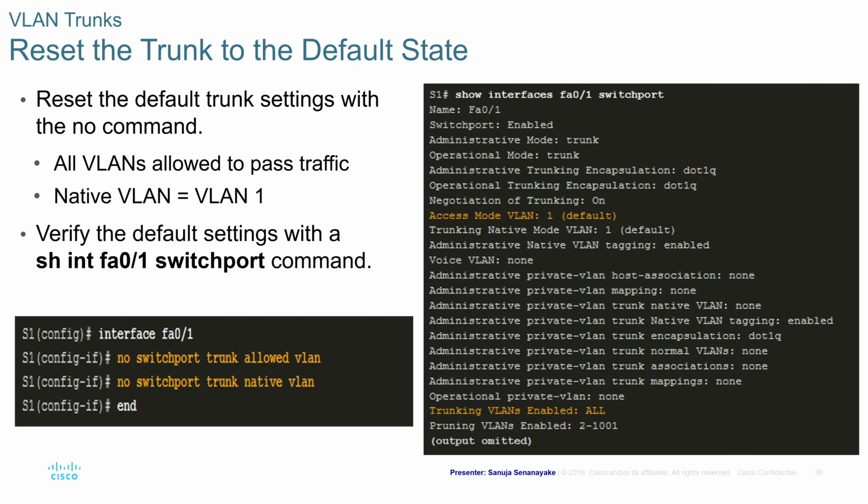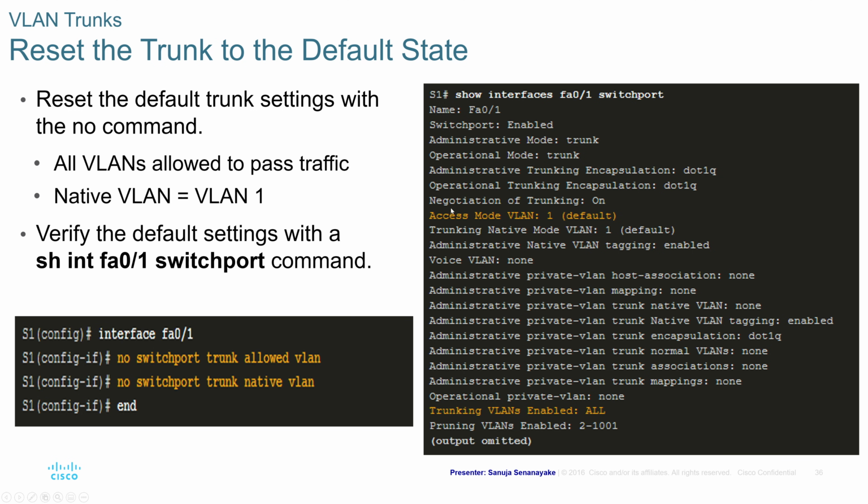If you have interface FA0/1, you go into interface configuration mode by typing int FA0/1 or interface FA0/1 and pressing enter, then type no in front of switchport trunk allowed VLAN and no in front of switchport trunk native VLAN. That will delete whatever you have entered and reset the trunk to the default state.